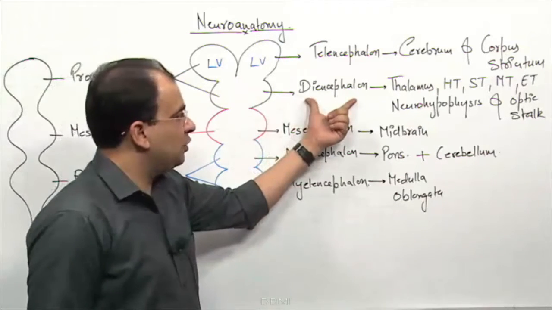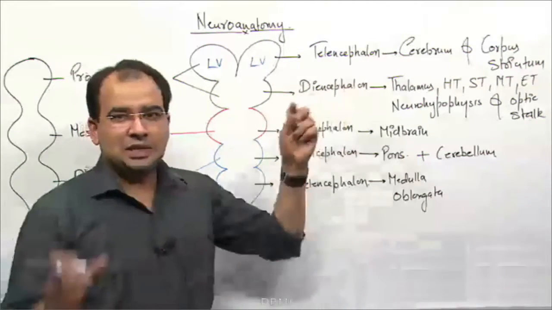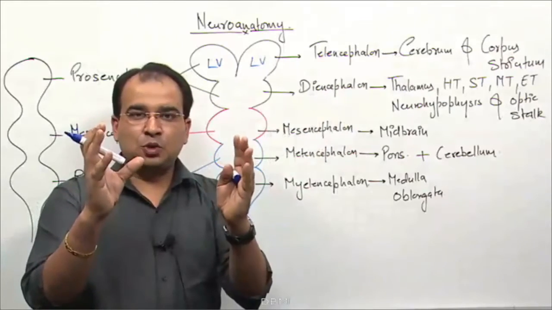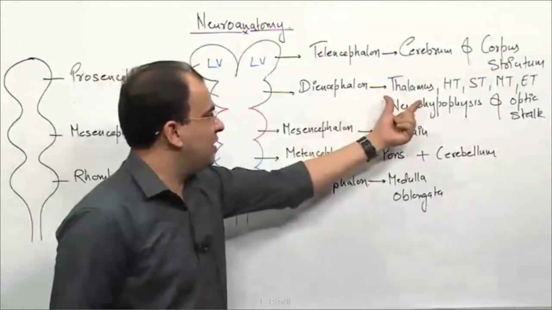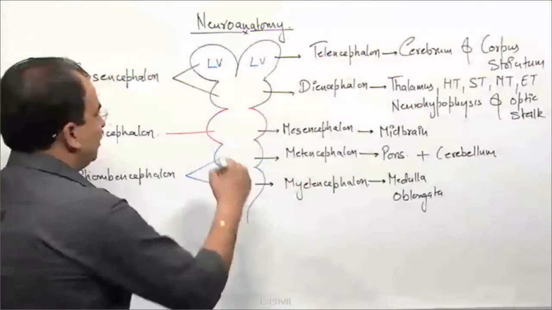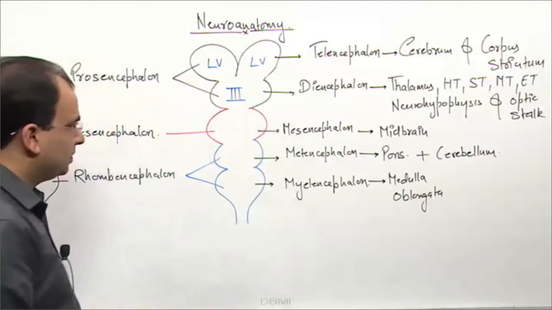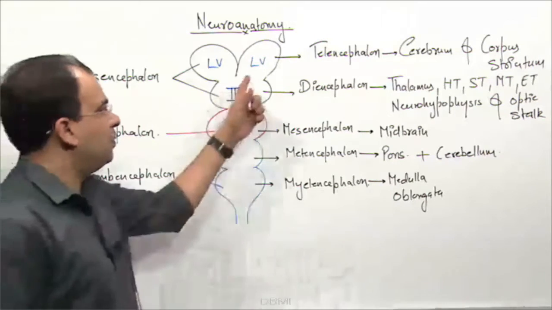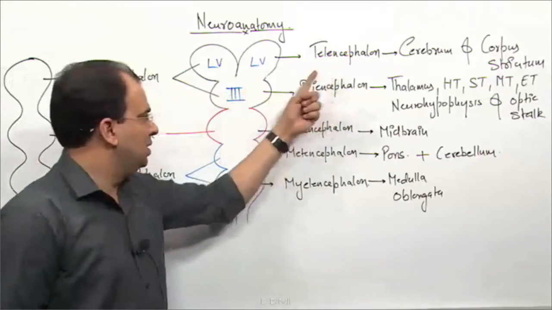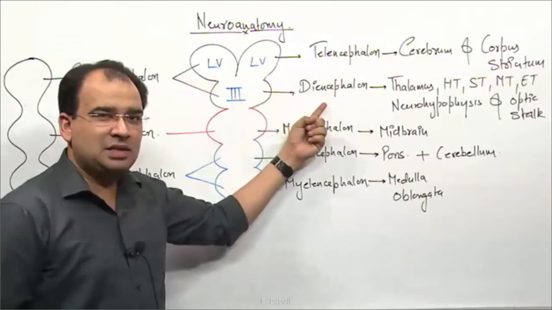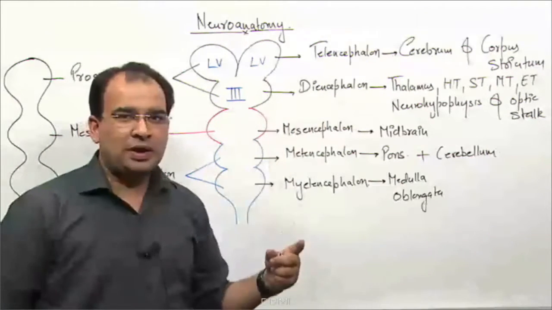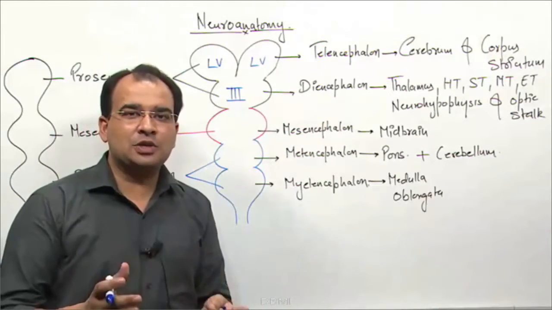What is the location of the third ventricle, guys? Third ventricle is present mainly between the two thalamus. The thalamus is derived from the diencephalon, so the cavity of the diencephalon will give rise to the third ventricle. So lateral ventricle, cavity of telencephalon; third ventricle, cavity of diencephalon. Where is the fourth ventricle? In gross anatomy, what is the location of the fourth ventricle?